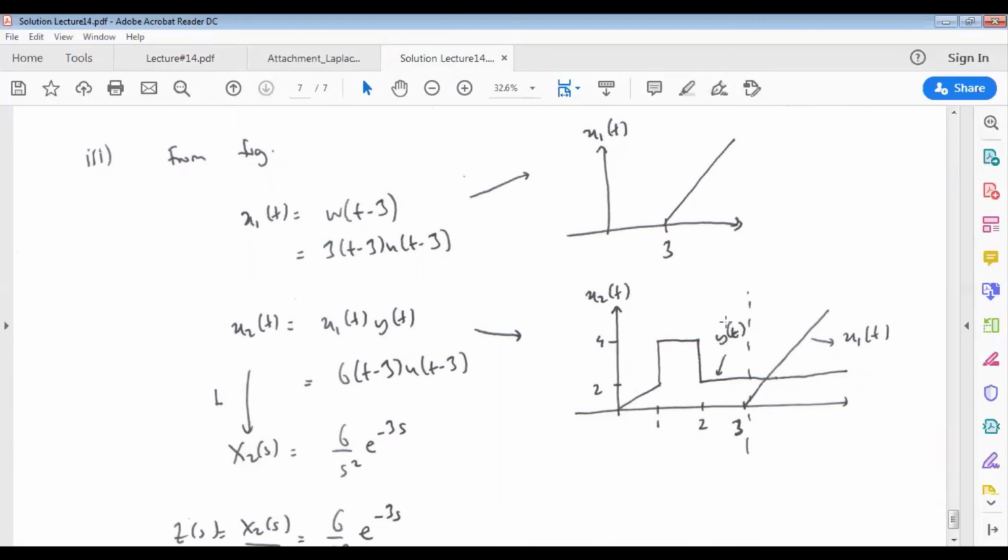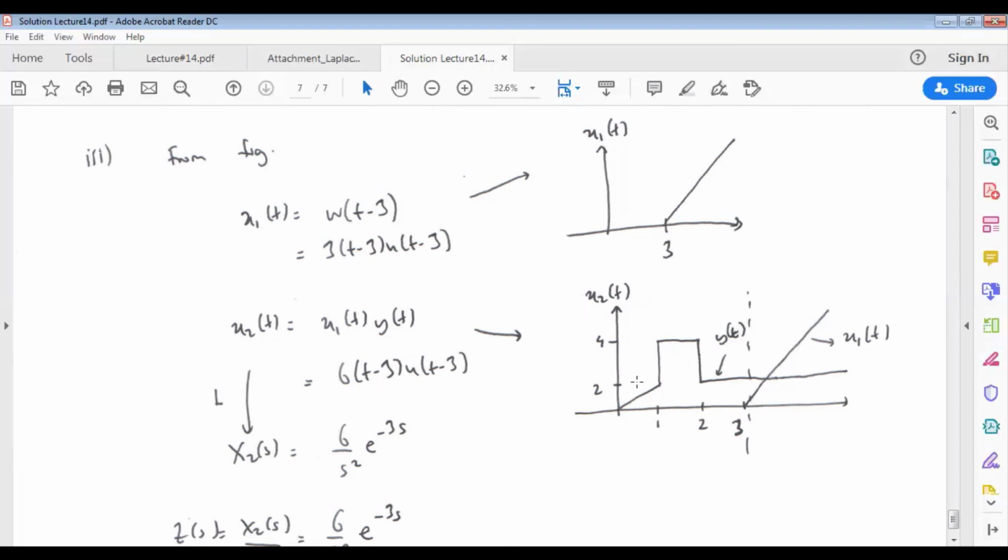When we multiply these two functions, it can be deduced that for t less than 3 the value will be 0. The value of the multiplication will only exist for t bigger than 3, because x1(t) is 0 for all values of t less than 3.